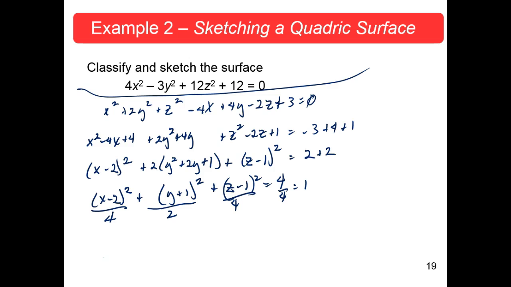What do these do to it, though? This moves the center of the ellipsoid to x equals 2, y equals -1, z equals 1. So it moves the center to x 2, y -1, z plus 1.